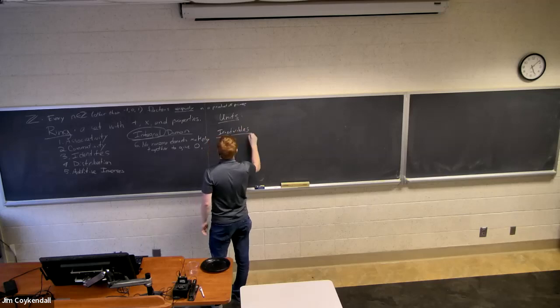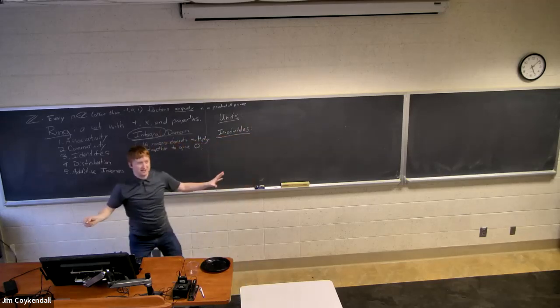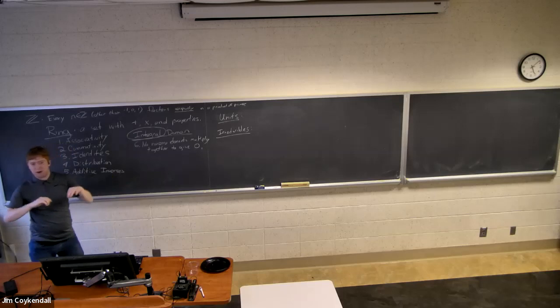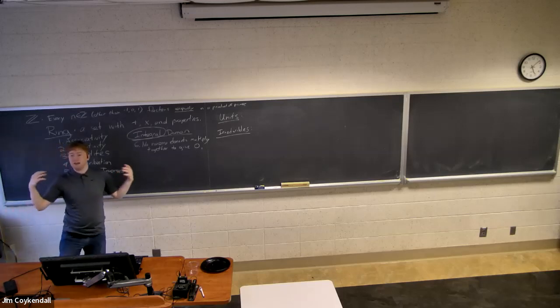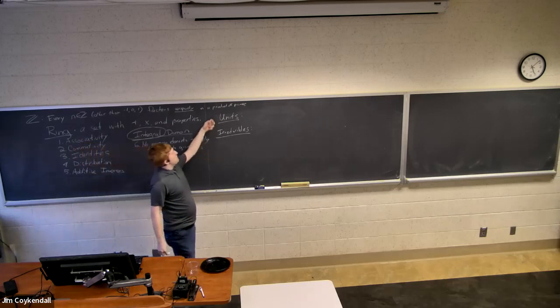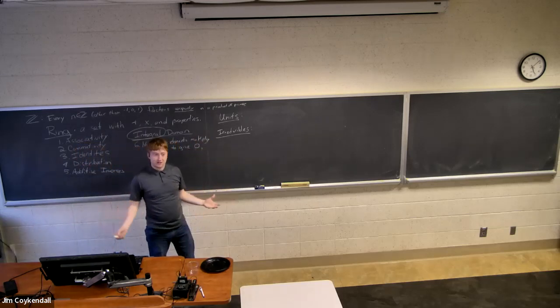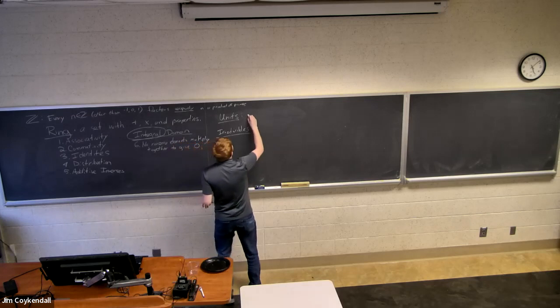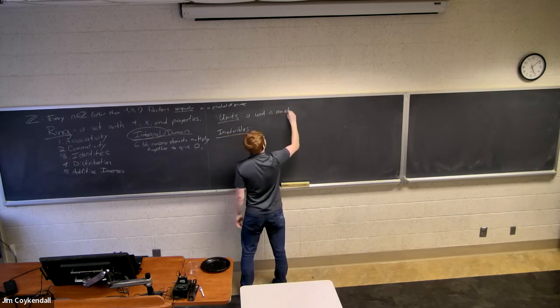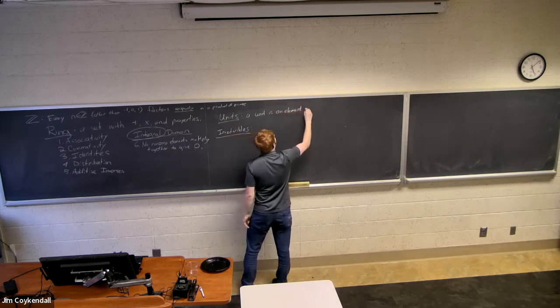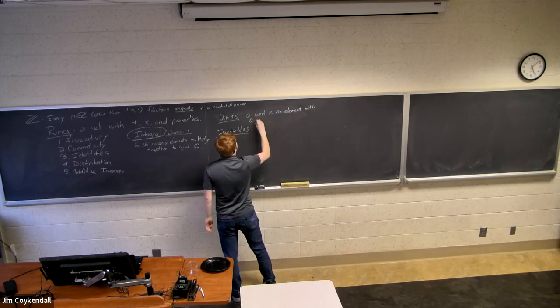Because if we get into some of these crazy looking rings, it's not going to be enough to just talk about prime numbers. We're going to have some sense of what it means to be irreducible. So with a unit, this is actually a pretty simple concept. A unit is an element with a multiplicative inverse.